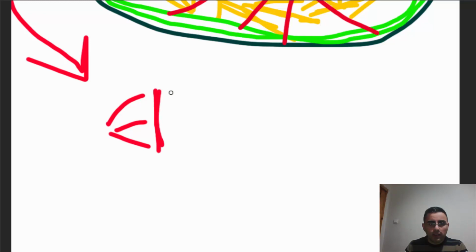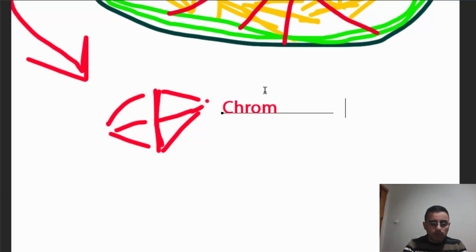And they are responsible for formation of the mitotic spindle. So chromosome movement. Let's write chromosome. Microtubules.